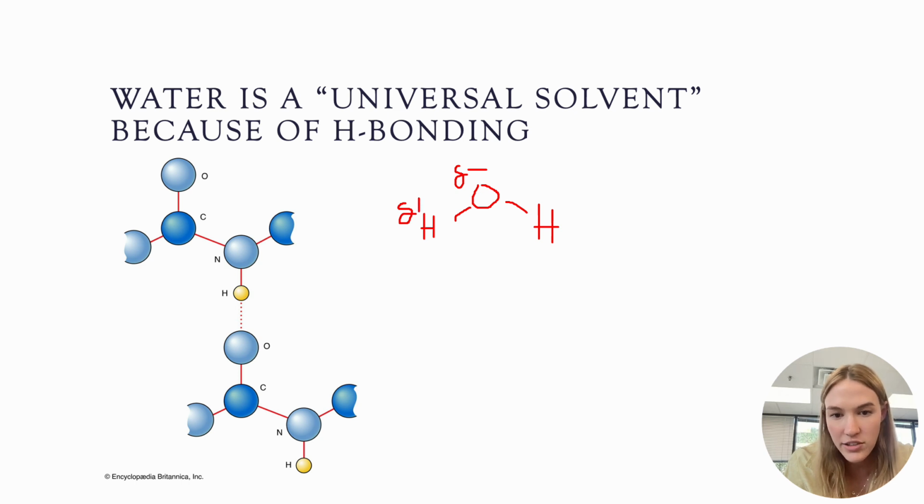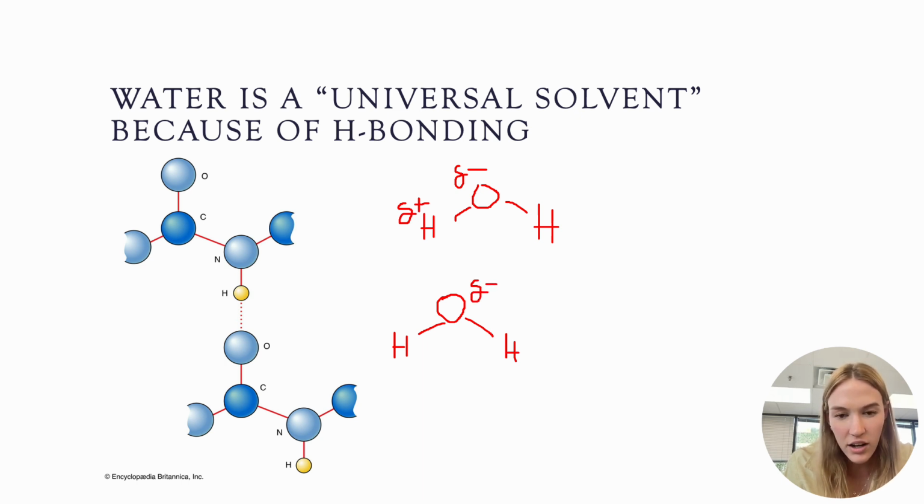Of course both hydrogens are going to have that partial positive, but I'm going to show you just with the one right now. This water molecule is identical in all ways. There's no way really for me to differentiate between the two. And so this oxygen as well has a partial negative charge.